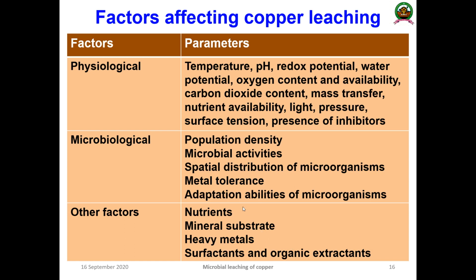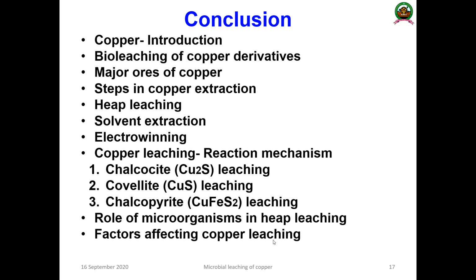So that's all, dear students, for copper leaching. Today we can conclude copper leaching. We have discussed the introductory aspects of copper. Then we have discussed the bioleaching of copper derivatives, the major ores, the three types of ores, and the steps in copper leaching, that is heap leaching, solvent extraction and electrowinning.